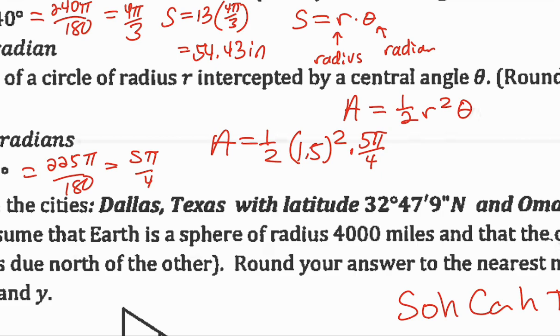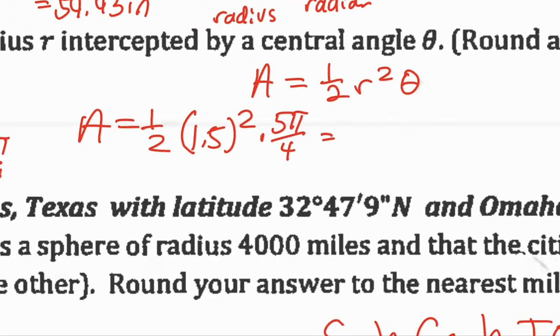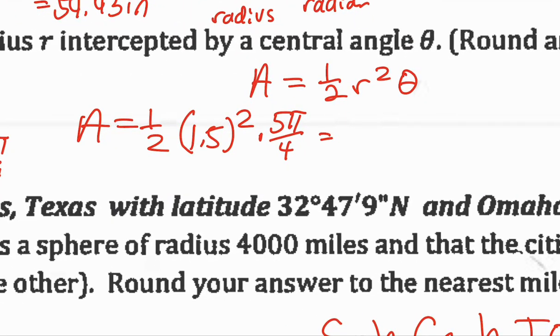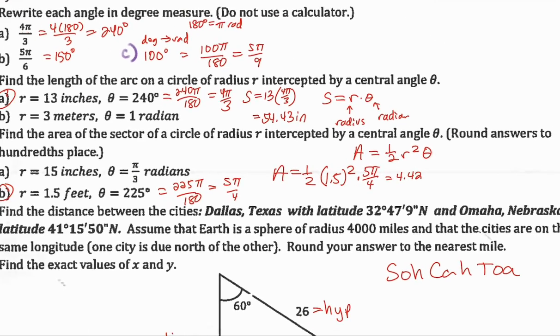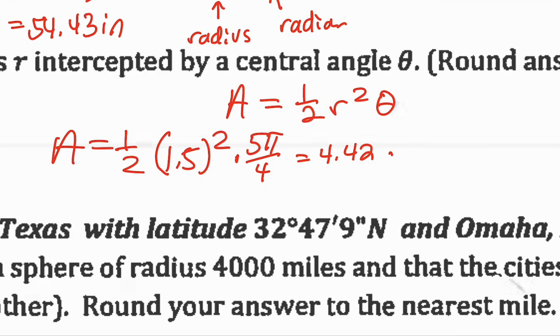You can just throw all that into a calculator. We're going to round it, like they said, to the hundredths place, so 2 decimal places. Gets us 4.42. And this was feet, so that would be square feet. So just follow the instructions as far as rounding goes.